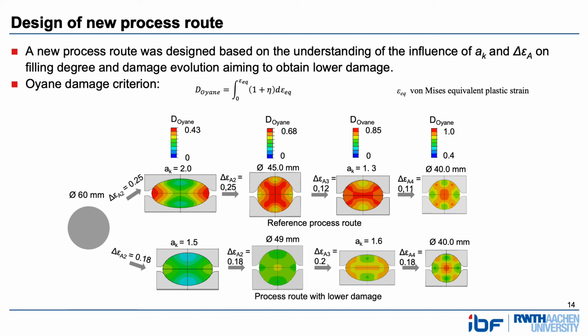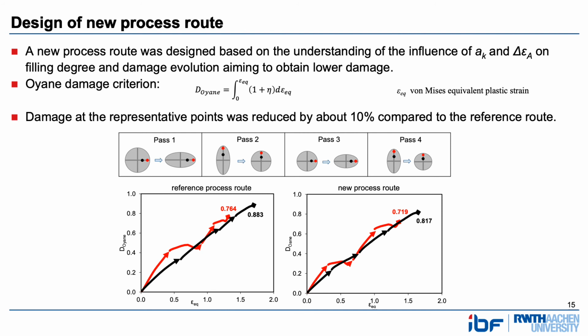We choose these two representative points for some quantitative evaluation because they have obviously different damage values at these two positions. Please note that these two points have nothing to do with the material points when we evaluated the load path. We checked the damage evolution at these two representative points on the cross section throughout the rolling processes.